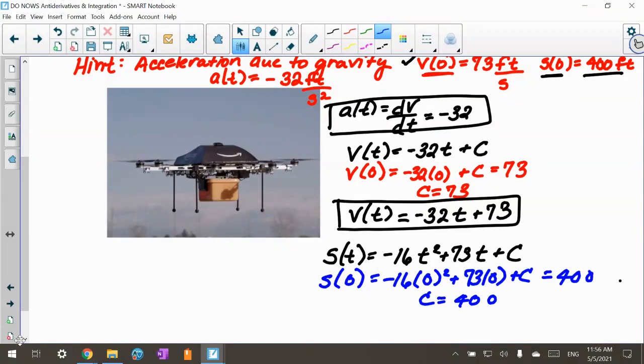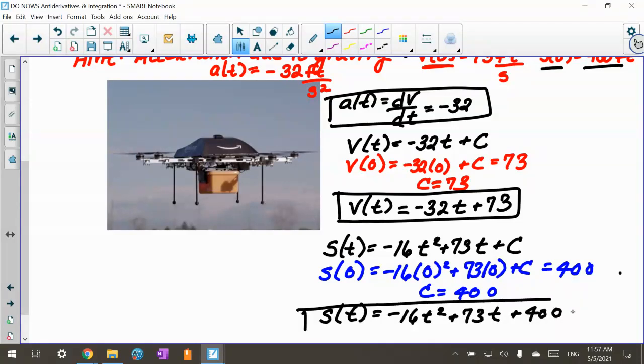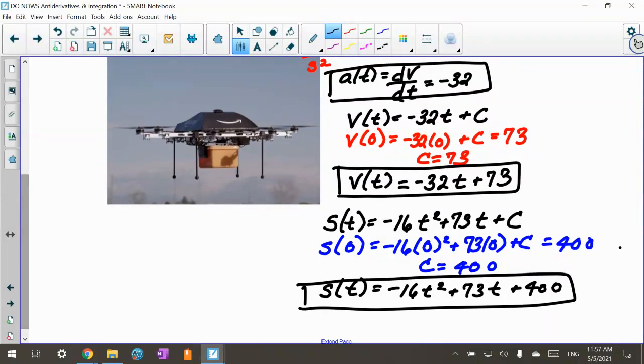Now, because of that, I know my position function, this is cool, is s of t equals negative 16t squared plus 73t plus 400. So just knowing the acceleration and that information, I know my position function is going to be negative 16t squared plus 73t plus 400, okay?